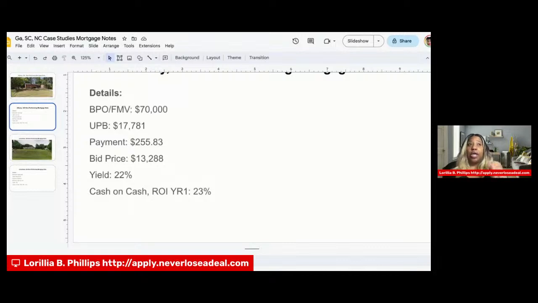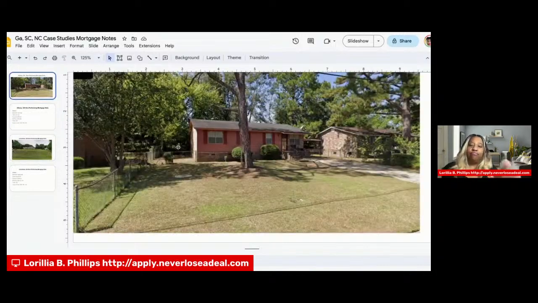I'm concerned because I want to make sure my investment is secured by a real estate asset, but I'm not buying the property. Clearly I'm seeing that the homeowner, it seems like it's well taken care of, manicured lawns. So clearly there is some pride in home ownership with this particular asset.